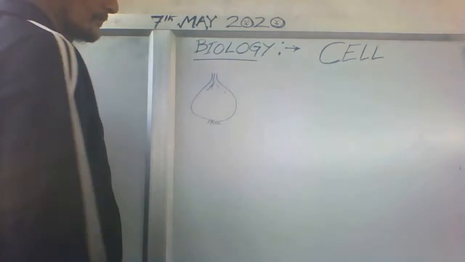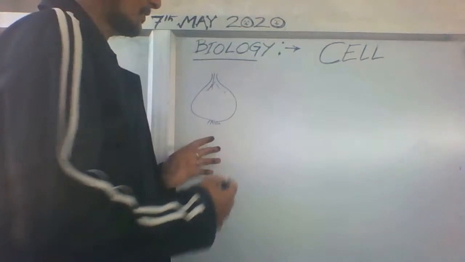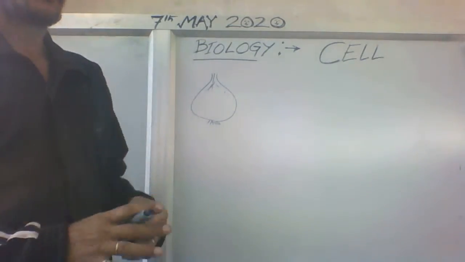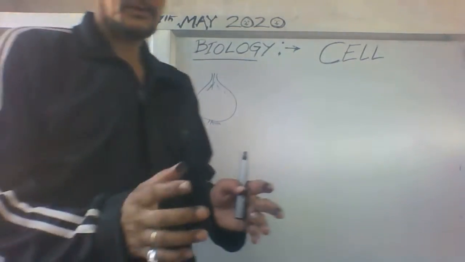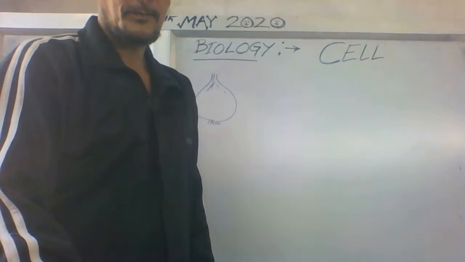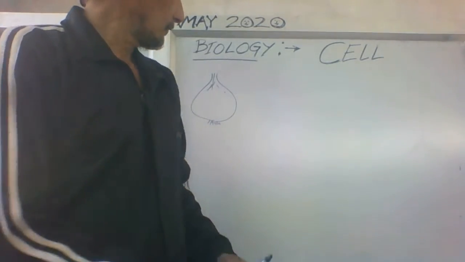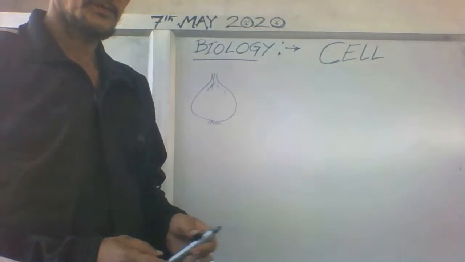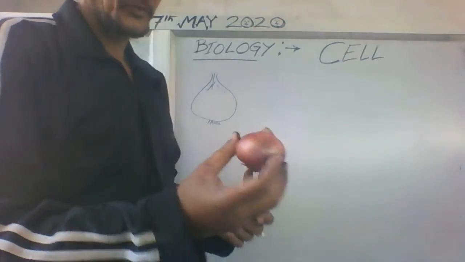This is an onion. And if we peel one part of this onion, I just show you that if one part of the onion is peeled off, I'm just going to show you. This is an onion.